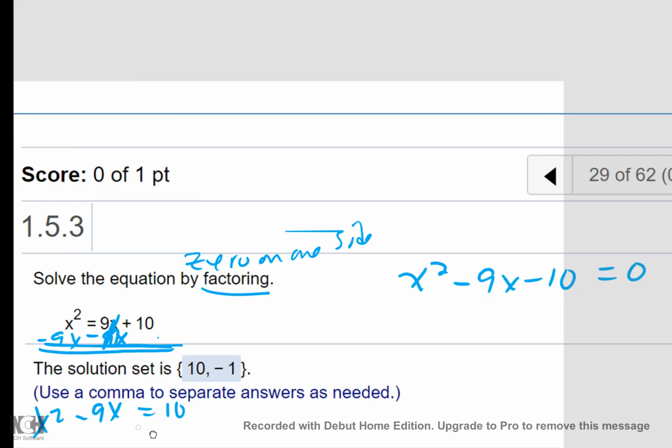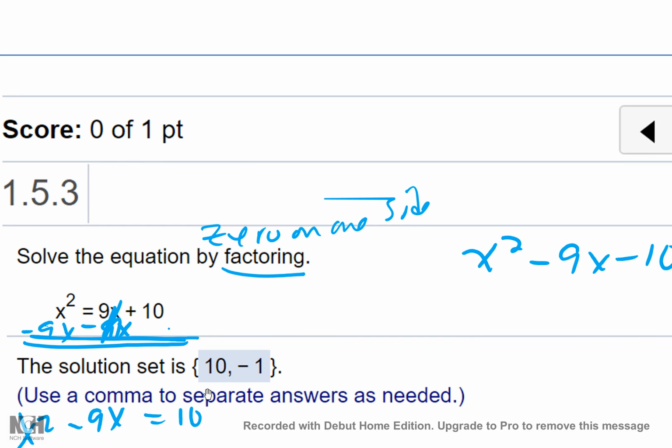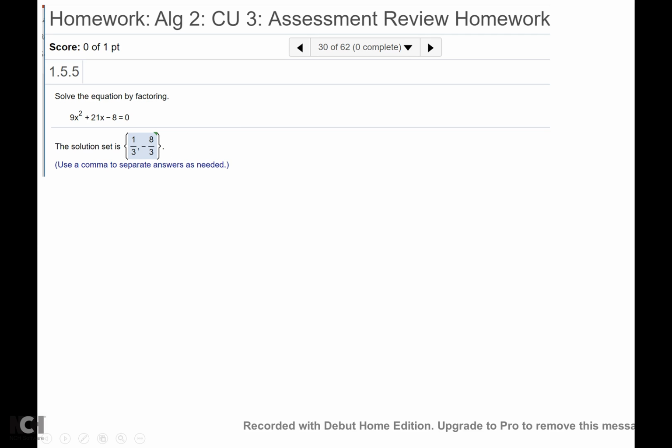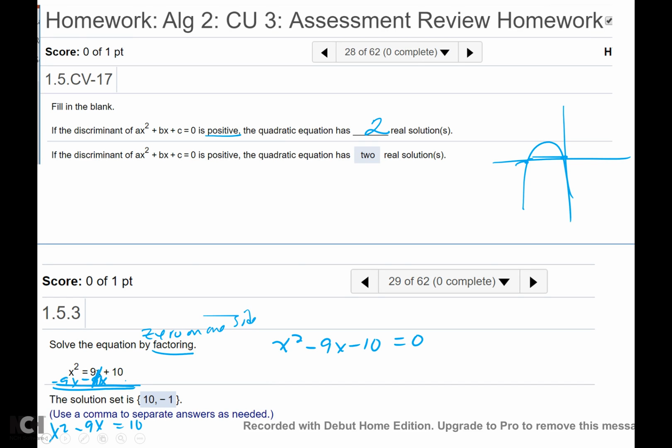Then I subtract 10 from both sides, so I get x squared minus 9x minus 10 equals 0.